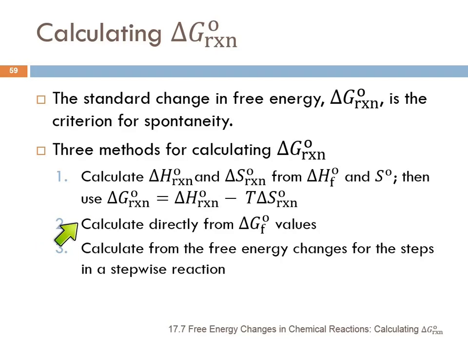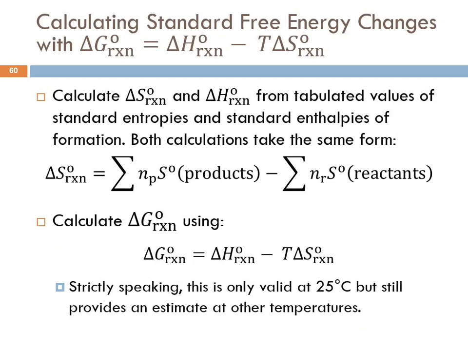You can also calculate it directly from the free energy of formation, and you can also calculate it from the free energy changes for the individual steps in a stepwise reaction. But we'll deal with those later.